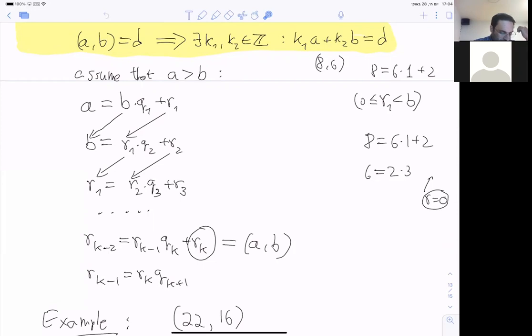The last remainder which is not 0 will be the GCD. So we have seen an example.